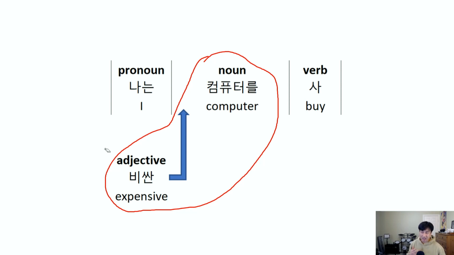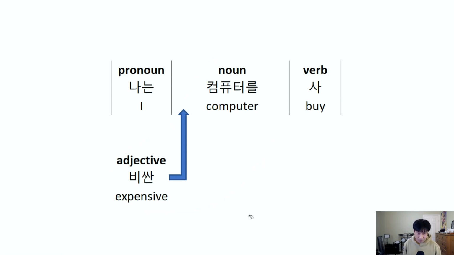So "I expensive computers buy." Or we have like good computer, or fast computers, or cheap computers. And even colors like red computer. Those are adjectives too. I blue computer buy. You can say that, right? So any kind of adjective attaches to the noun and becomes like one word.